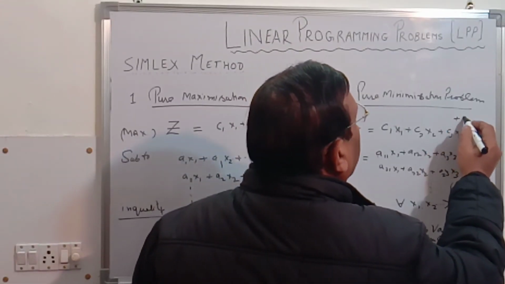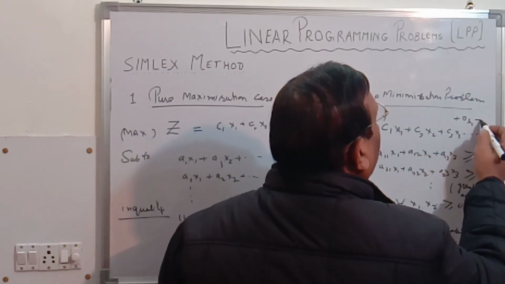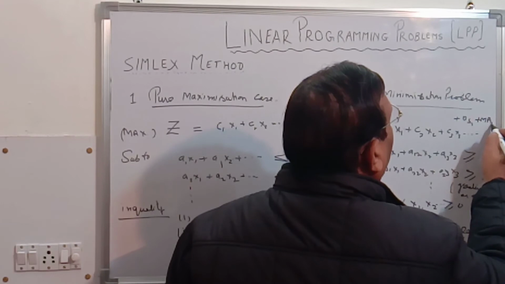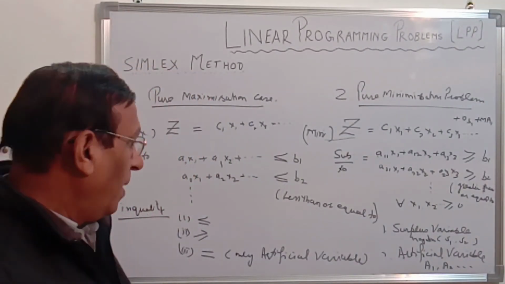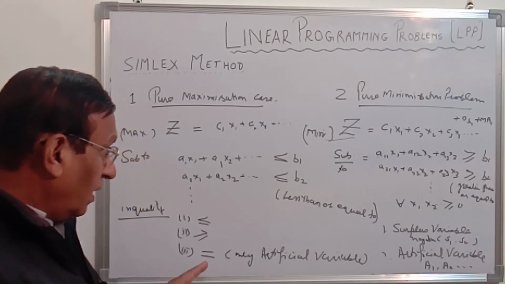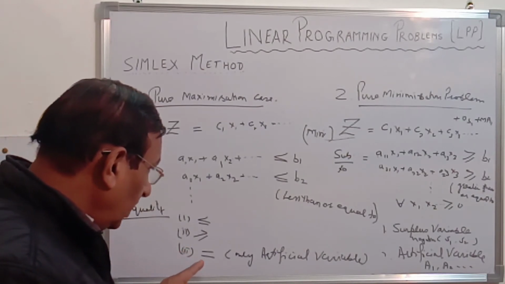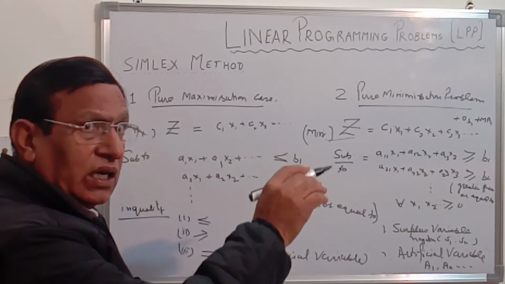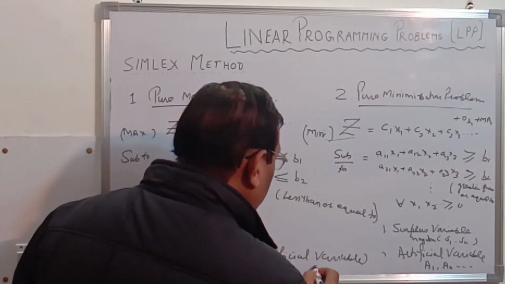Say 0 S1, then M A1, because A1 is an artificial variable. But if the equation is exactly equal to, neither less than nor greater than, exactly equal to, then only artificial variables are used.